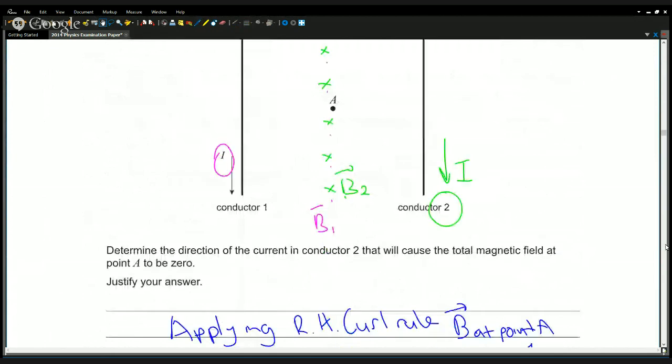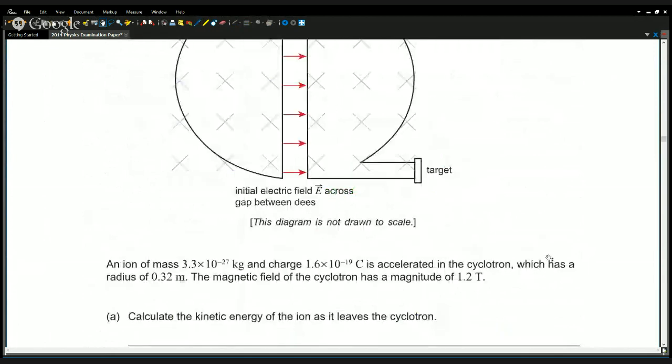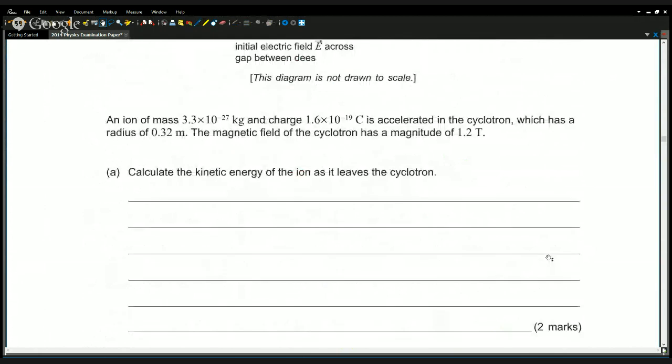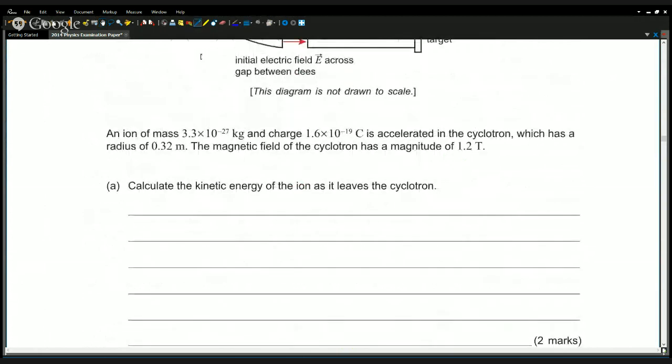K equals Q squared B squared R squared on 2M. Stick all of the numbers in and come up with the answer. There are only 2 marks, so that's very easy.